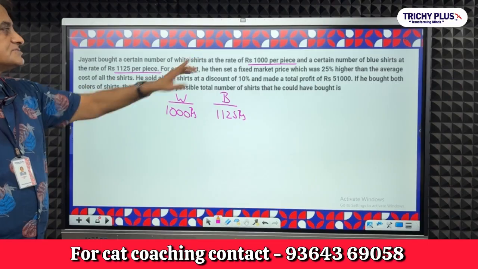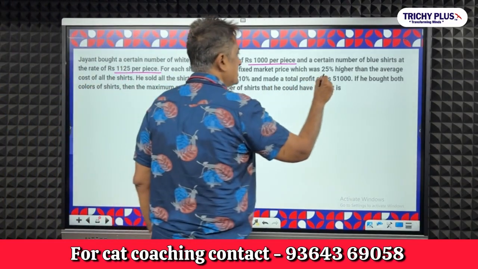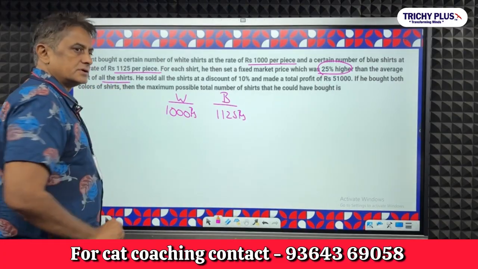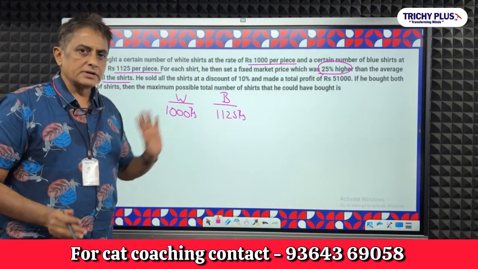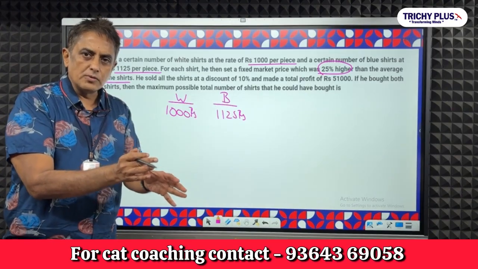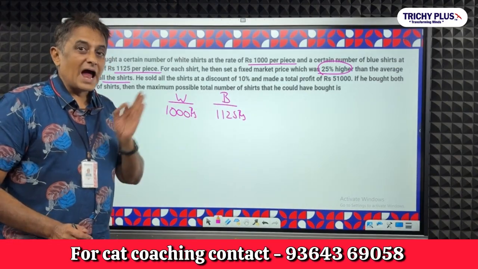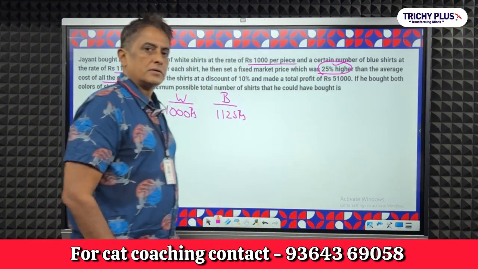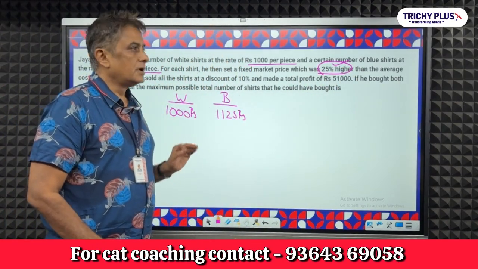And then he set a fixed market price which was 25% higher than the average of all the shirts. Now he has taken all the shirts. He found the average price. He put everything in one place, white and blue. He found the average price and he marked up 25% higher, right? Marked price.